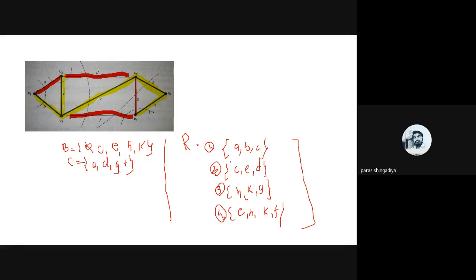So next topic is connectivity of the graph. There are two types of connectivity. One is edge connectivity, and the second one is vertex connectivity.